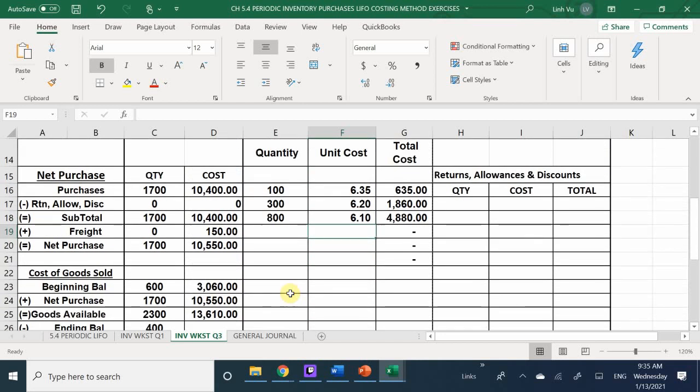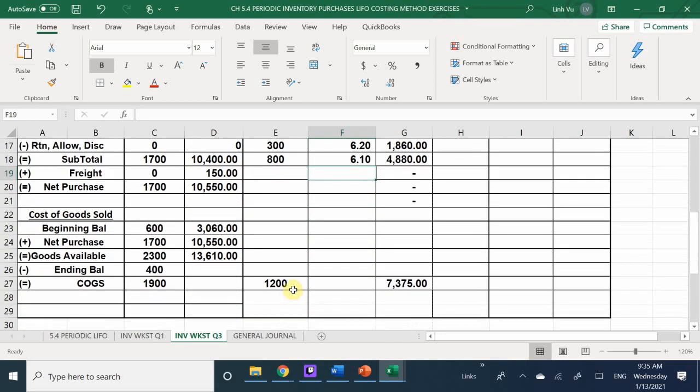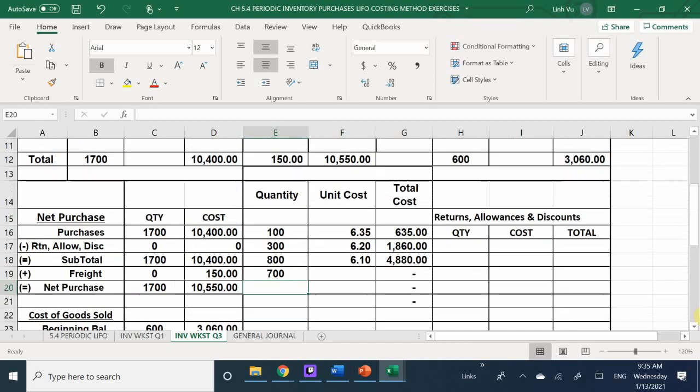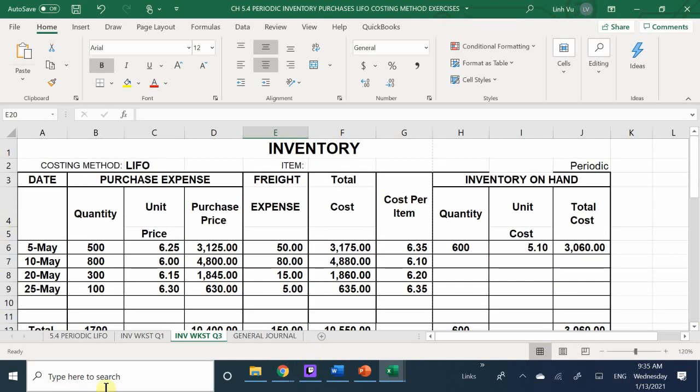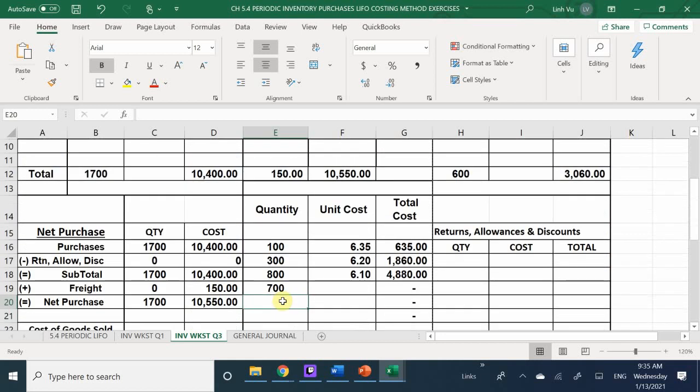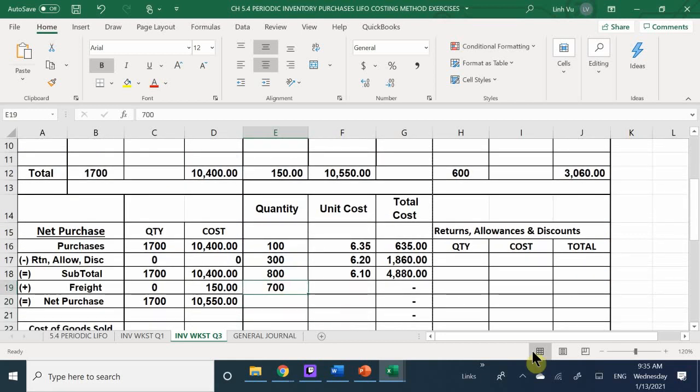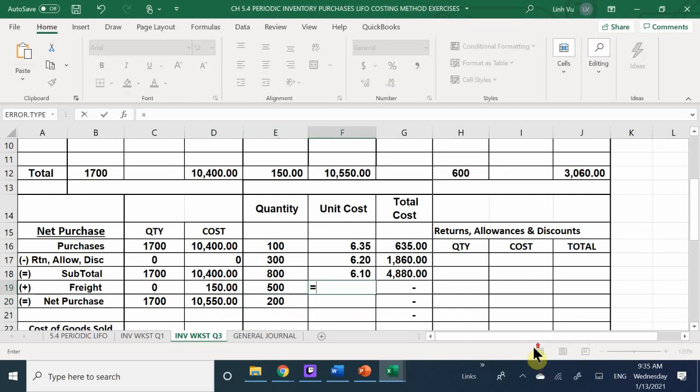So how many more items do we need to sell? 700. Now, if we have 700 to sell, right? What does our first batch reflect? 500. So now we know not only do we need to take 500, we also need to take 200 from our beginning inventory.